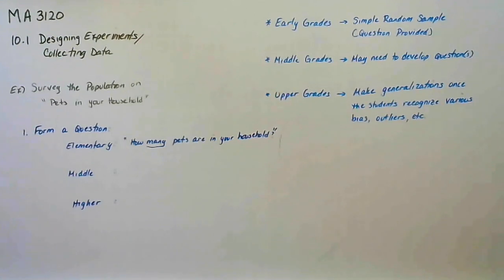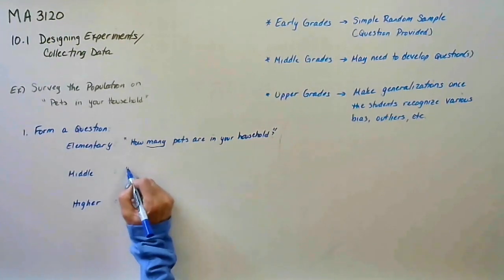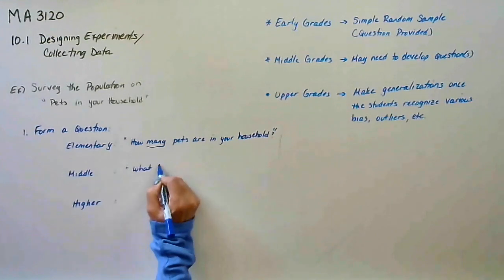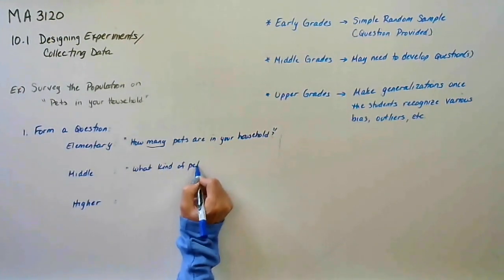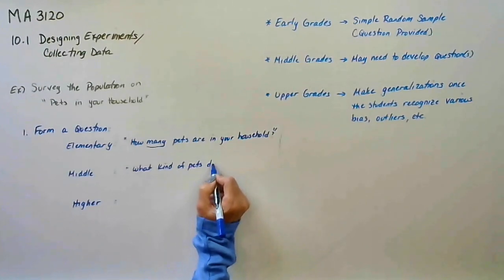Okay? For a middle grade, for something a little older, maybe 3rd, 4th, 5th, or again, middle school, you might say instead, what kind of pets do you have in your household?